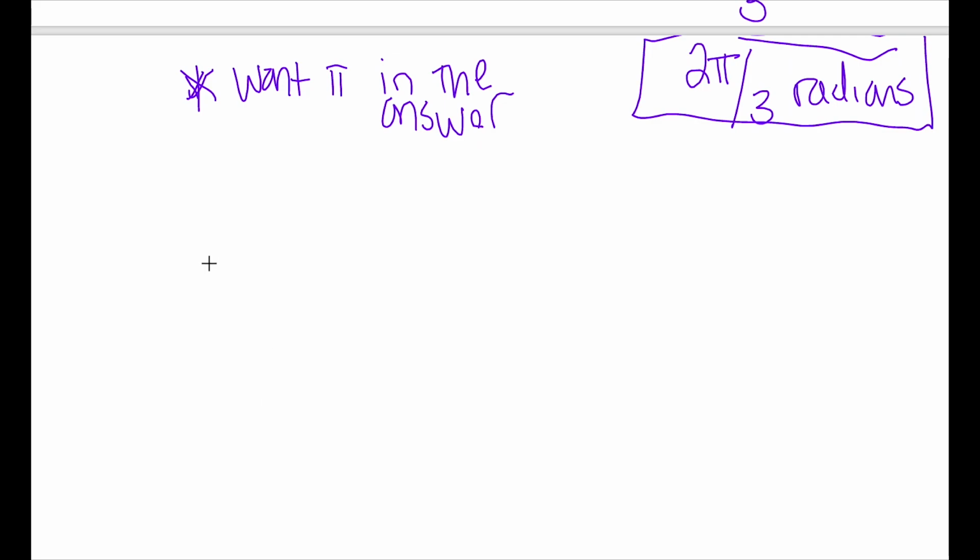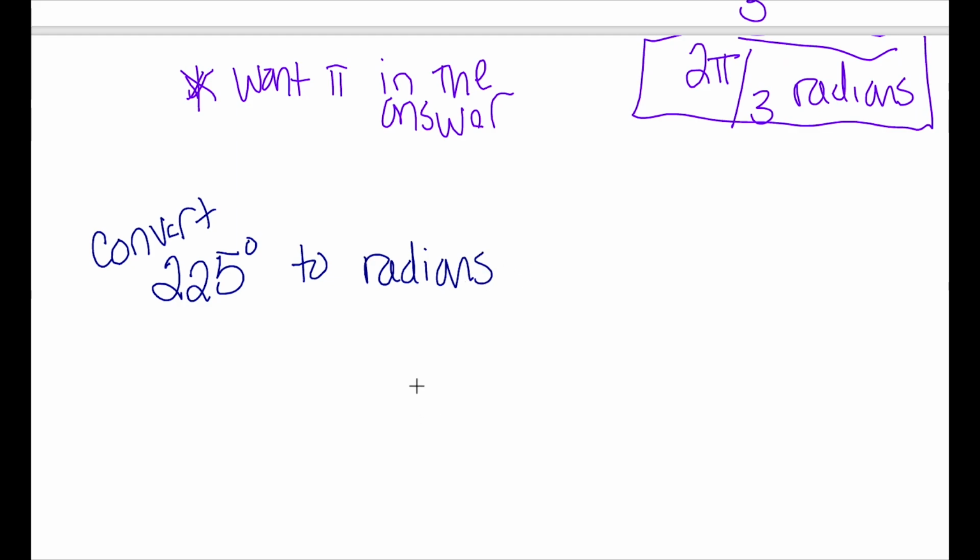So let's try another. Convert 225 degrees to radians. So when we want radians, you multiply it by pi in the numerator over 180 in the denominator.